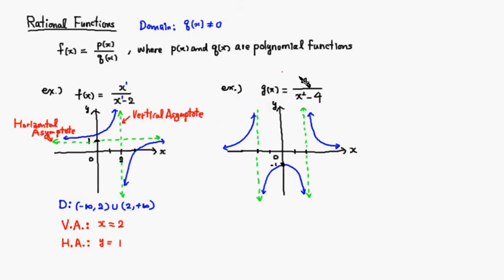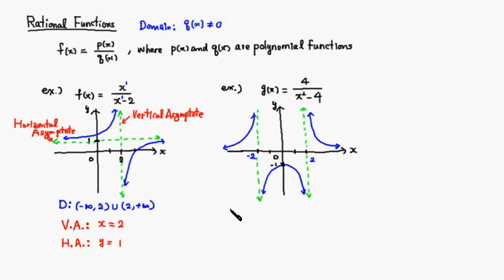All right. Let's look at the next example, the second example. g of x is 4, a constant function, which you can think of as a polynomial function of degree 0, over x squared minus 4. The problem is when x equals either negative 2 or positive 2, which makes the denominator equal to 0.